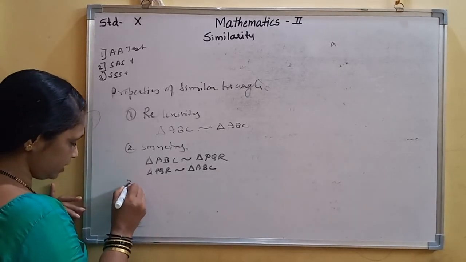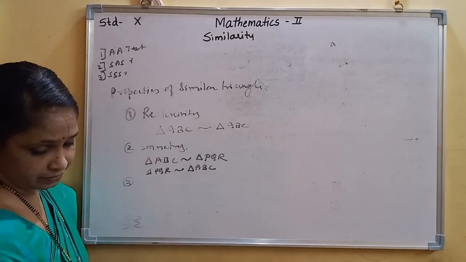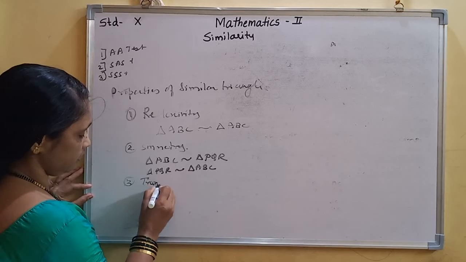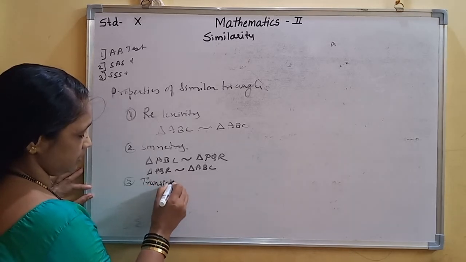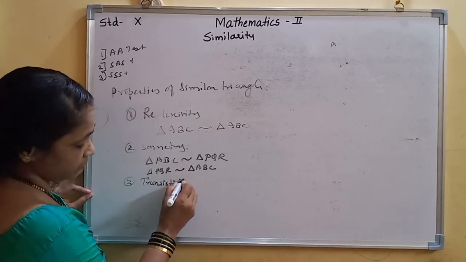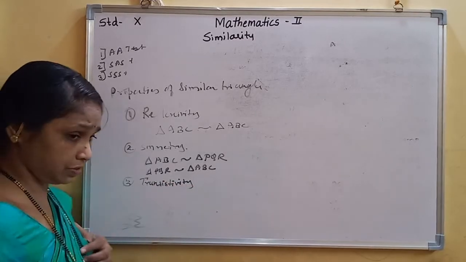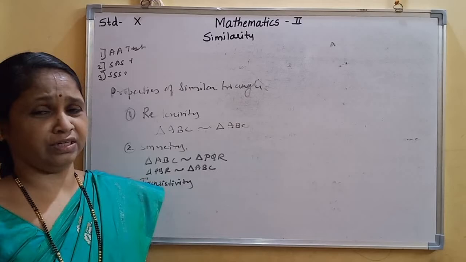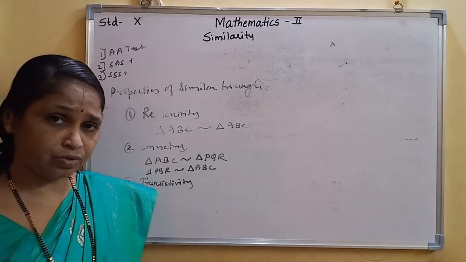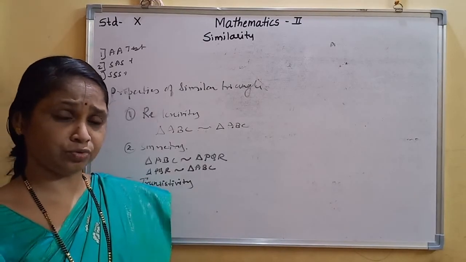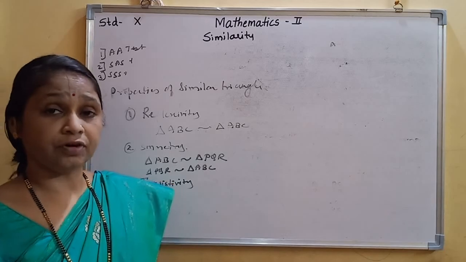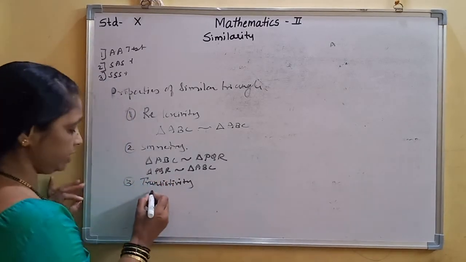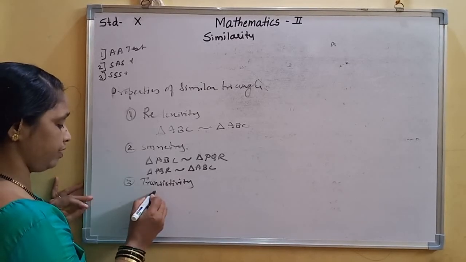Symmetry. And the third one is transitivity. In transitivity, three triangles are given. If the first triangle is similar to the second and the second is similar to the third, then the first also will be similar to the third.